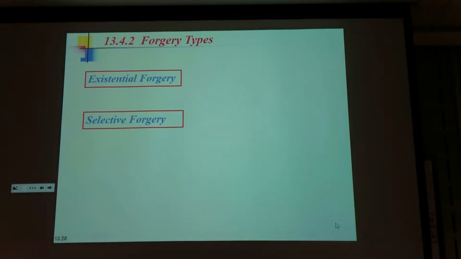In existential forgery, Eve may be able to create a valid message signature digest pair, but not one that she can rely on. The second one is selective forgery, which is very negligible, very little. So there are some attacks possible on digital signature, but they are not that strong.